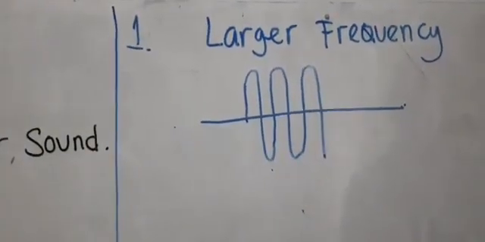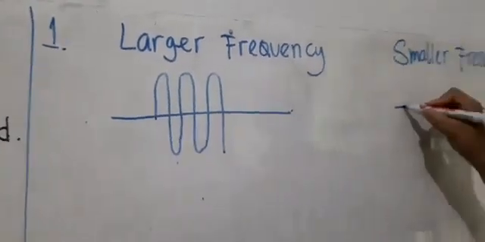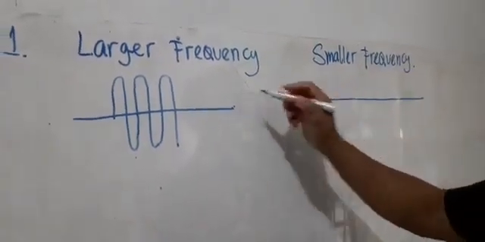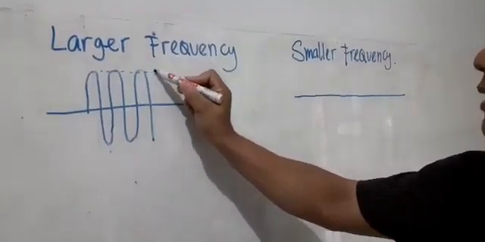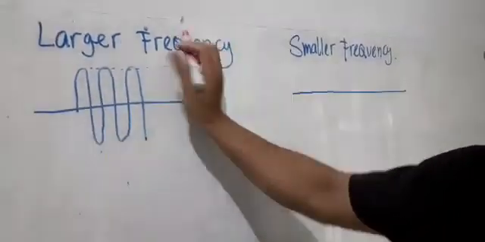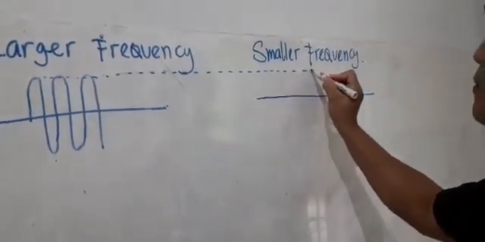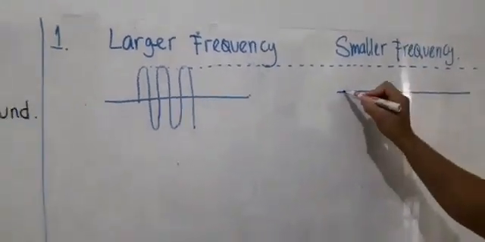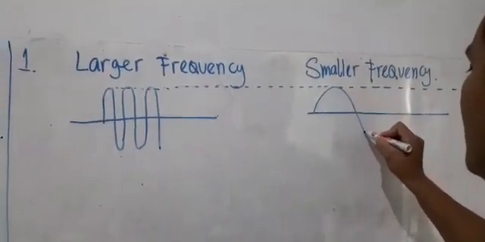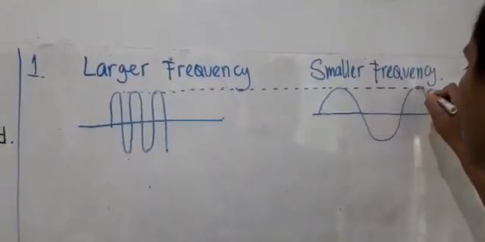But what is the characteristic of the smaller frequency? Let me compare with the amplitude, the highest point, being the same.